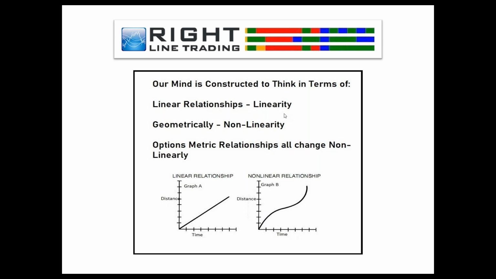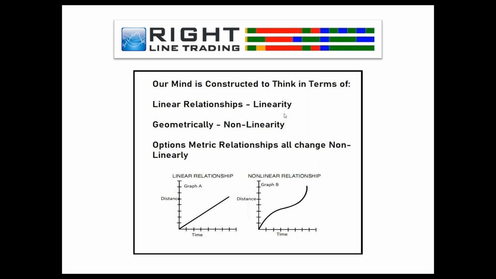That's really the way we're hardwired, basically through natural selection. Thinking of everything in a linear way is what helps us survive most in nature. Unfortunately, options are nonlinear.